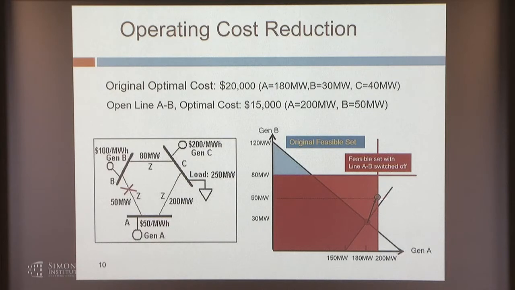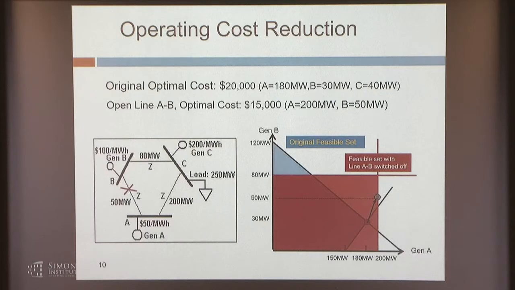So now this is the optimum point. And now this optimum point generates 200 at A, 50 at B, and you reduce the cost to 15. So by cutting a line out, this is almost like the Braess paradox in transportation. By cutting a line out, we actually reduce the cost of supplying the demand.